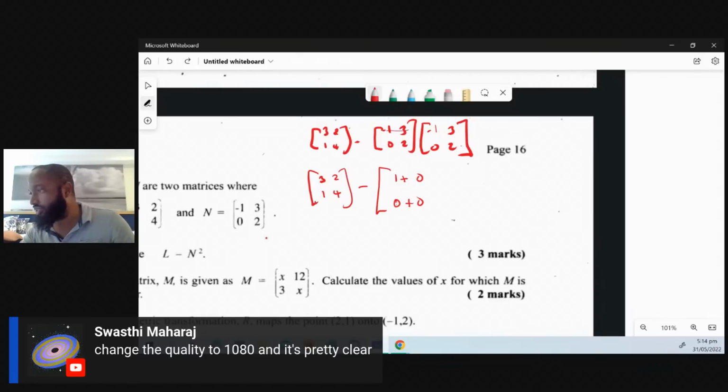And we're going to do this by this now. -1 by 3 is -3, 3 by 2 is 6. 0 by 3 is 0, and 2 by 2 is 4. Row by column is a dance: this by this, then this by this, this by this, and this by this. So we could simplify, so this is 3, 2, 1, 4.